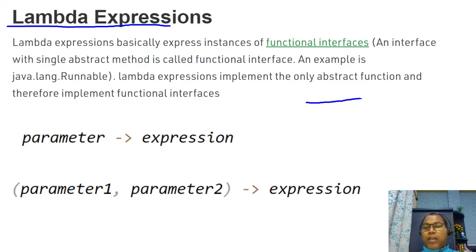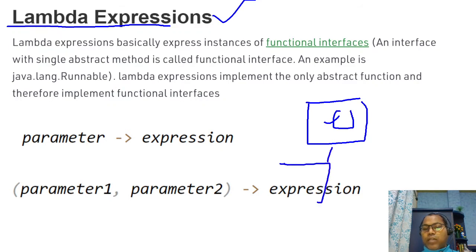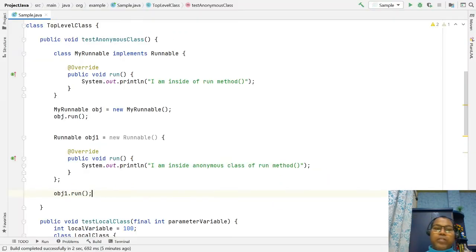For writing any lambda expression you need an interface that has only one abstract method, and then you can write the implementation using a lambda expression. If this Runnable interface had two or three methods, then you could not use a lambda expression.